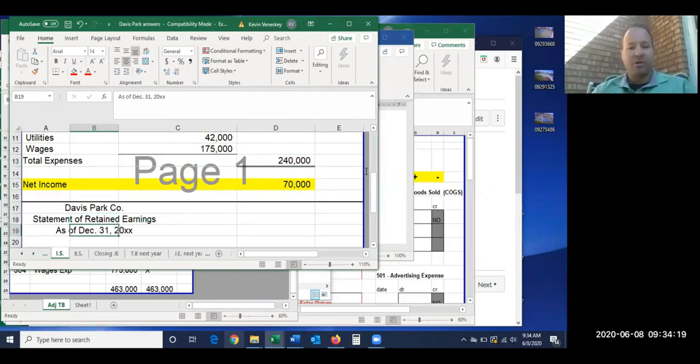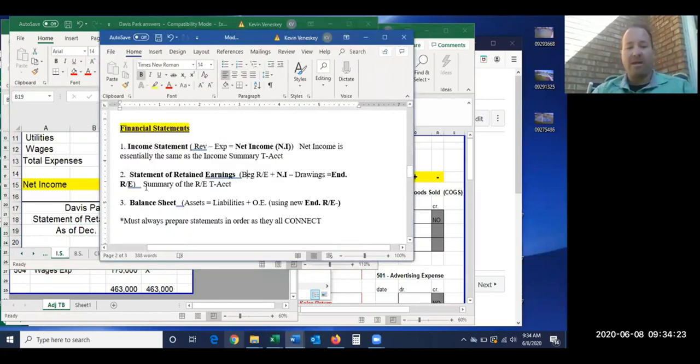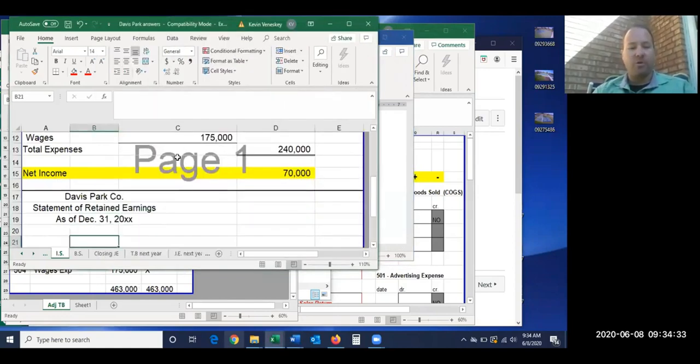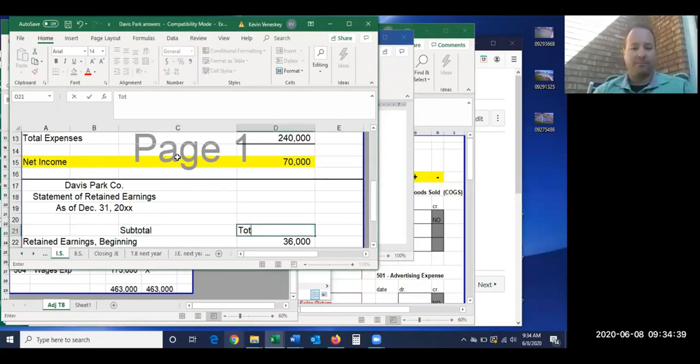And then, like the instructions we had in my notes, we're only going to have 4 main things here in this very small financial statement. It's a connector. We're going to have a subtotal column again, and a total column.